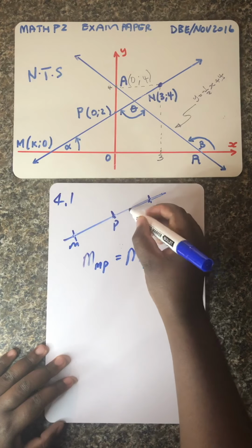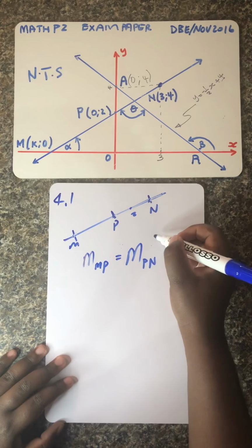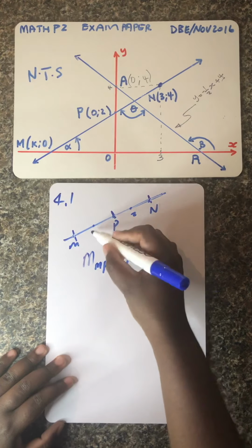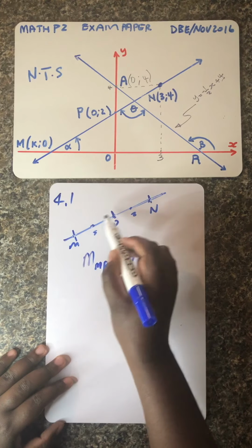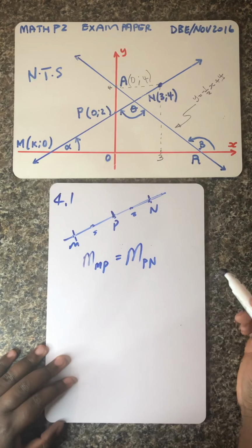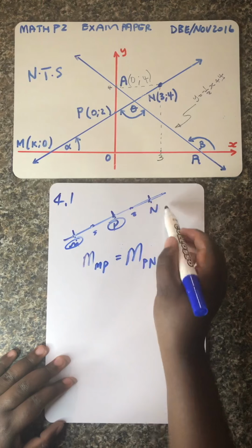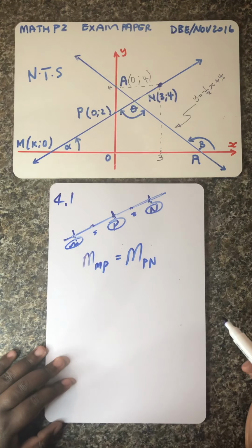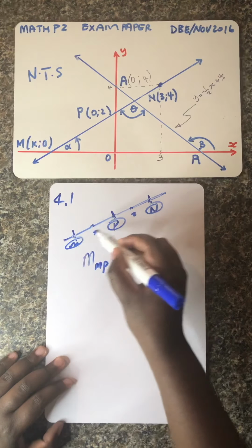Even if I had to introduce another point there and call it S, that means this gradient is equal to that gradient, is equal to that gradient. But in this case we choose to use these 3 points because we've got the coordinates of those points. So we can use this formula to substitute all of these points.